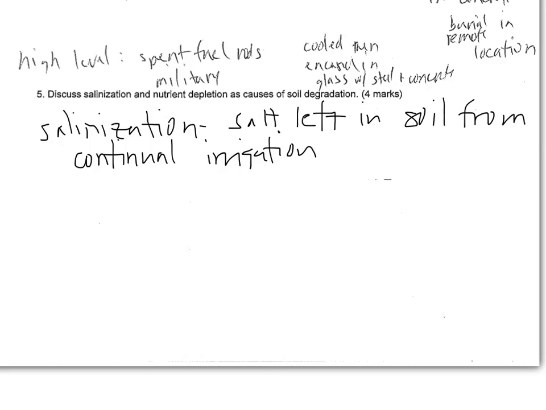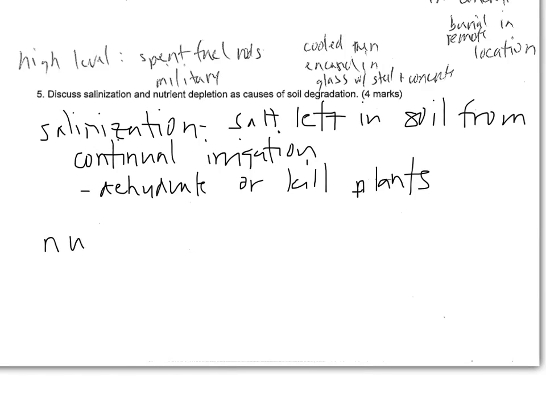And this is considered a source of soil depletion because it will either dehydrate plants or just outright kill plants. So they either die because of the dehydration due to the salt in there, or if the salt levels are high enough, the salt itself is toxic and kills the plants.